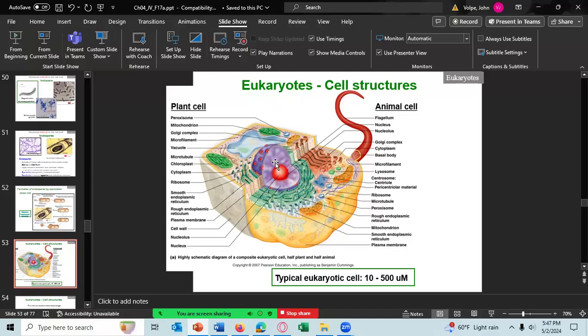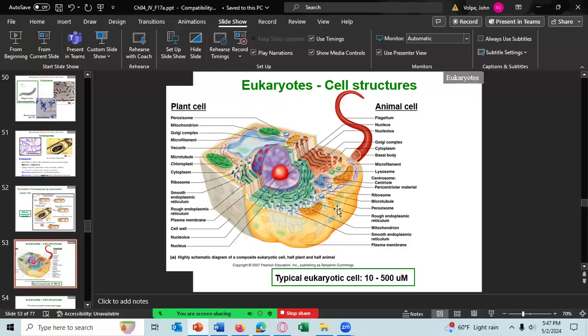You can find vacuoles in an animal cell, and you can find vacuoles in a plant cell. So many of them, like the peroxisomes, the mitochondrion, the Golgi complex, you can find these in both a plant cell and an animal cell, but not all of them.